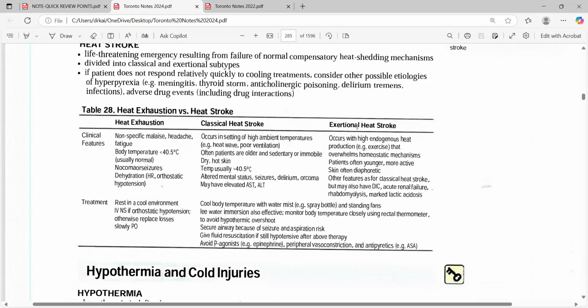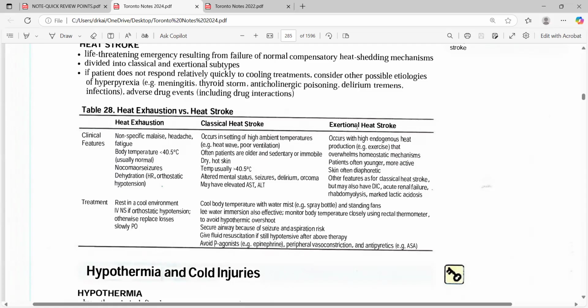First of all, making the diagnosis, you need to know whether it is a heat stroke or not. A body temperature less than 40 is basically heat exhaustion. If it's more than 40, it's basically heat stroke. Just to give an idea, if there is no coma, no seizures, and only mild dehydration, then it's exhaustion.